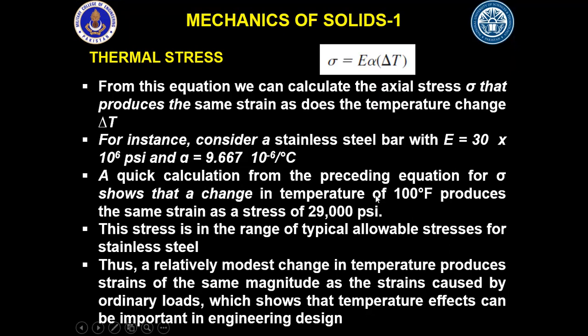A quick calculation from the preceding equation for alpha shows that a change in temperature of 100 degrees Fahrenheit produces the same strain as a stress of 29,000 psi. So you can realize how important the change in temperature is. If the internal temperature is increased by 100 Fahrenheit degrees, the strain that could be introduced would be equivalent to that of 29,000 psi of stress, which is huge.